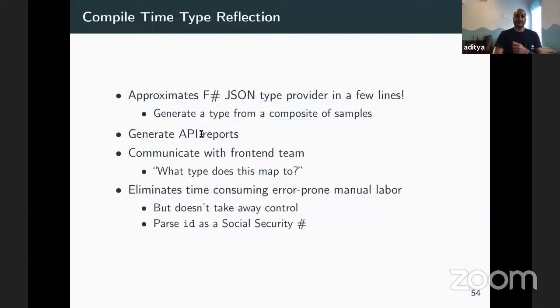You can generate API reports pretty easily. You can communicate with your front-end team better. Where I work, we have separate back-end and front-end teams. A lot of times what'll happen is the front-end team will have a JSON blob that they're working with, and it's not working correctly. So they come back to you and say, hey, this key, what is that mapped to in your types on your back-end?